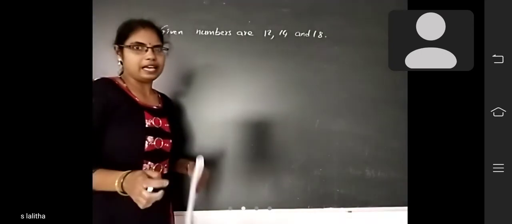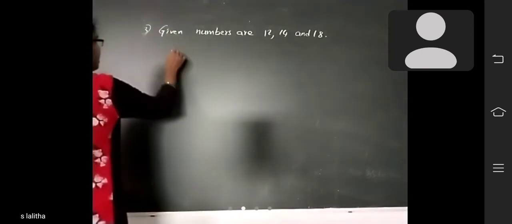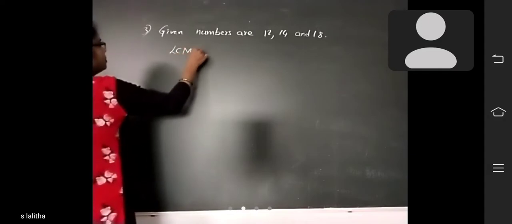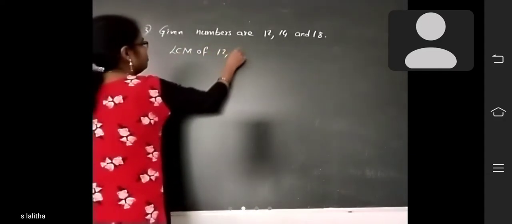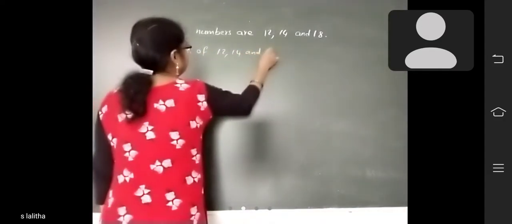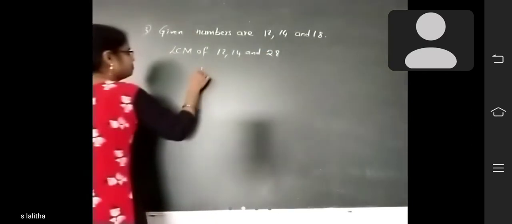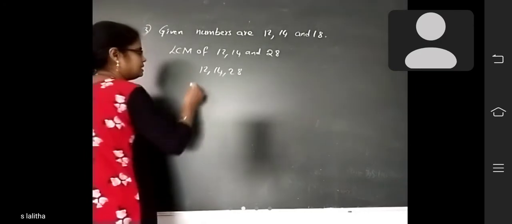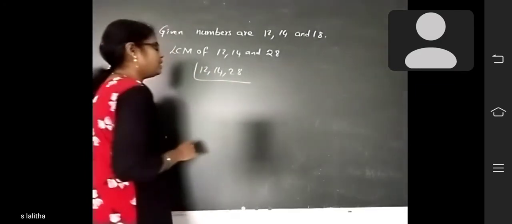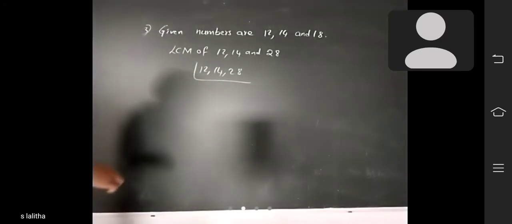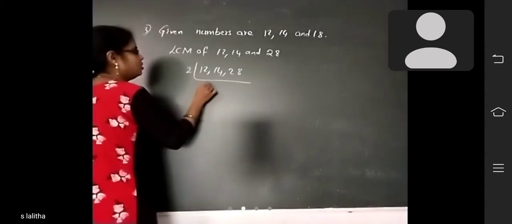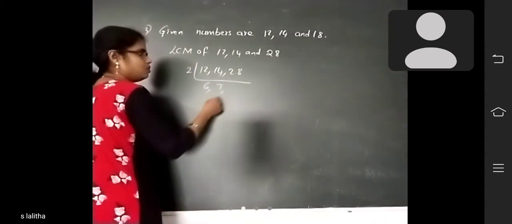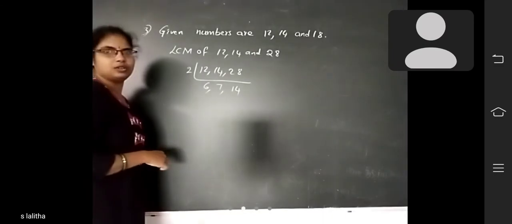Now you should find the LCM of 12, 14 and 28. I am doing the division method LCM. Which table you should take? Take two tables. 2, 6, 12, 2, 7, 14, 2, 14, 28.